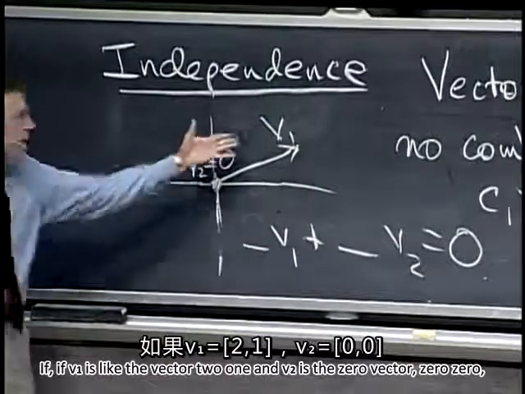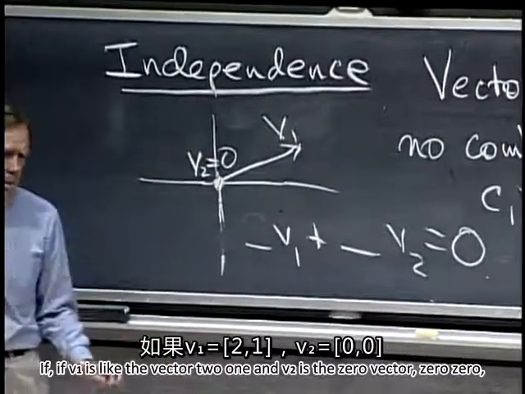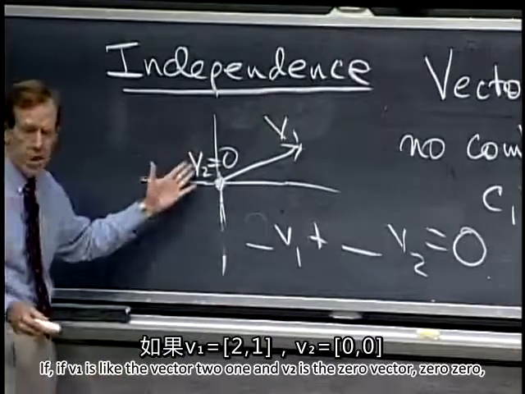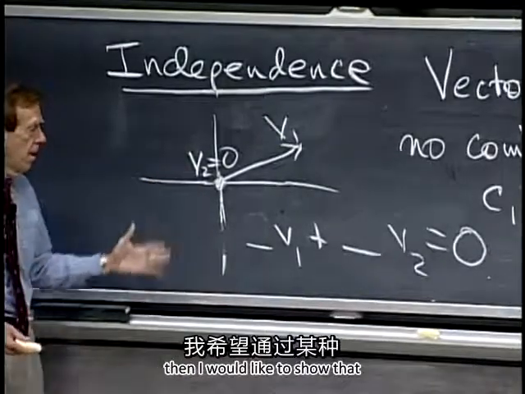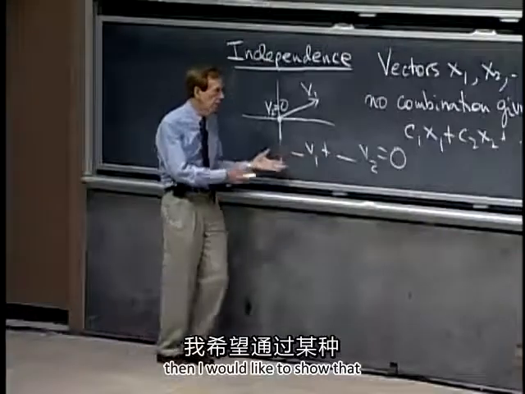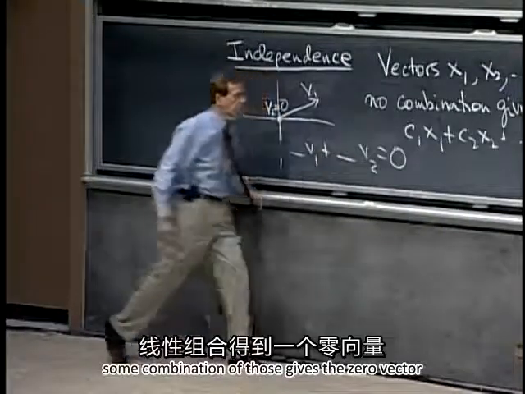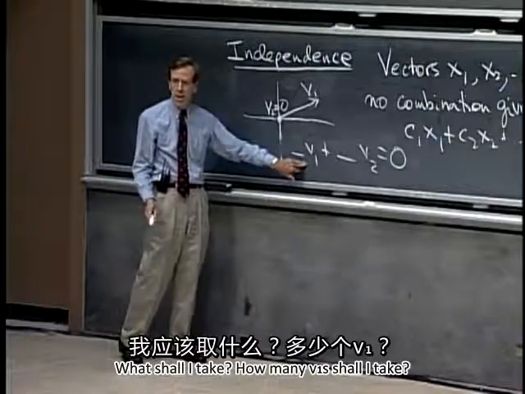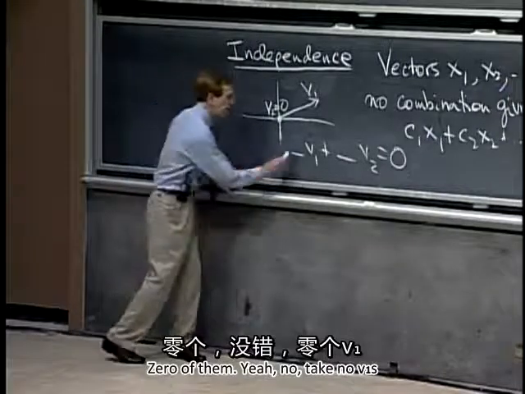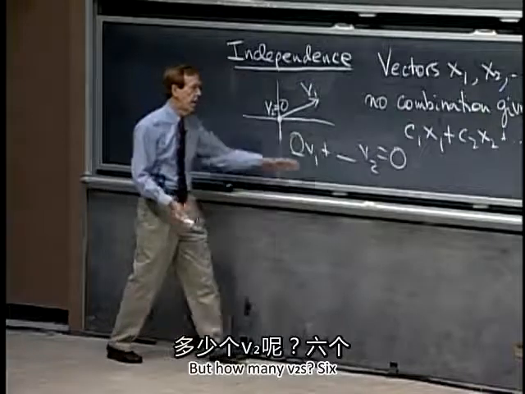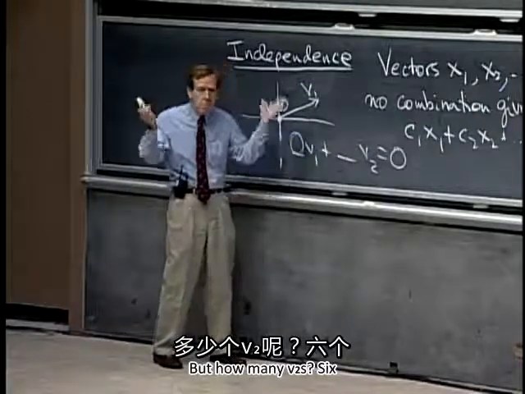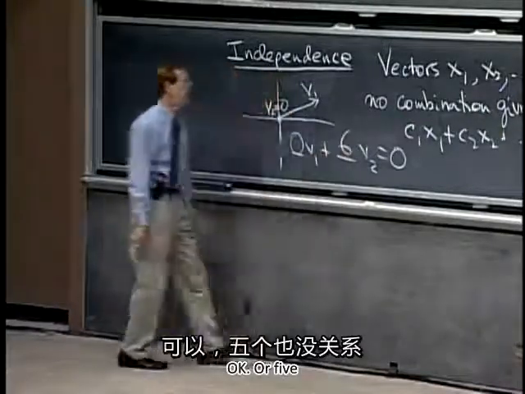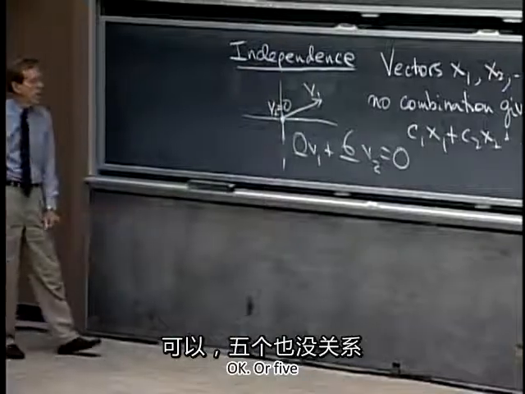If v1 is like the vector 2, 1, and v2 is the 0 vector, 0, 0, then I would like to show that some combination of those gives the 0 vector. What shall I take? How many v1s shall I take? 0 of them. Yeah, take no v1s, but how many v2s? So 6. Okay. Or 5.